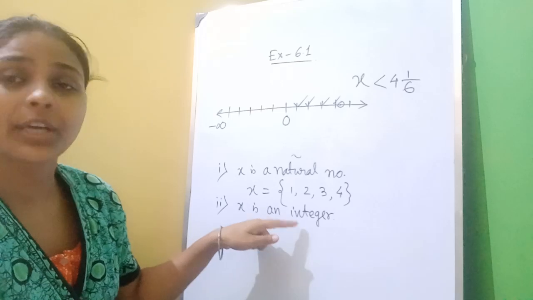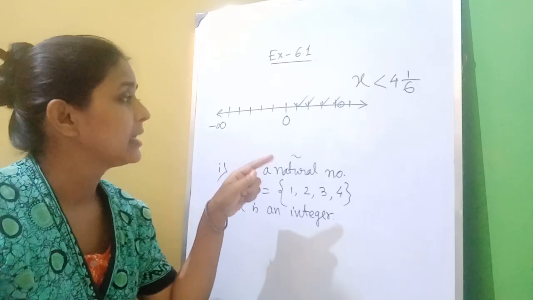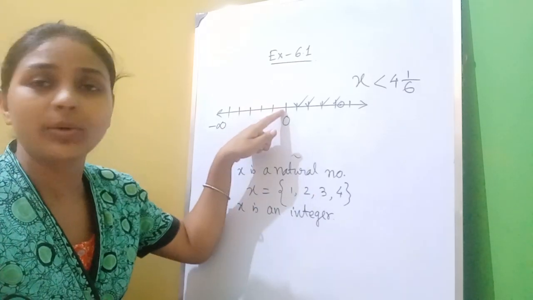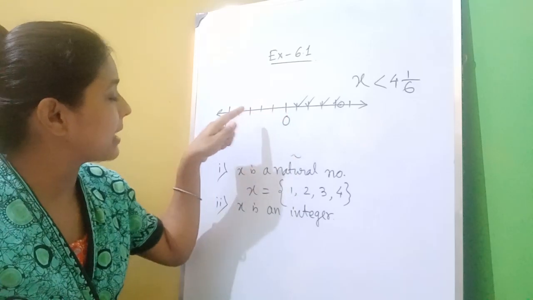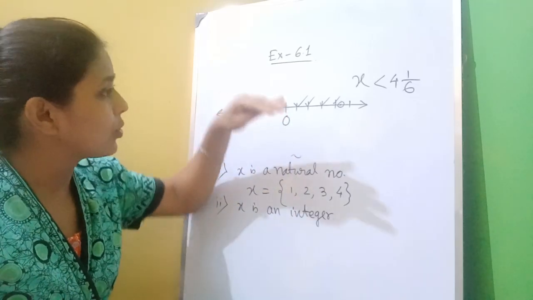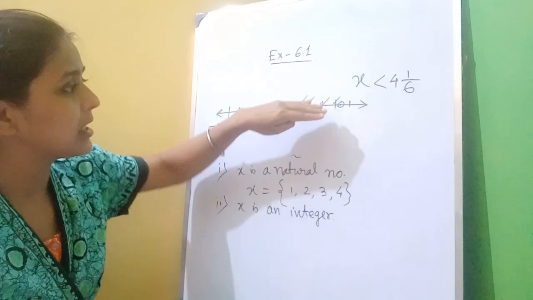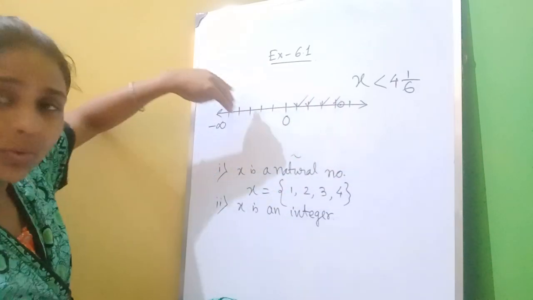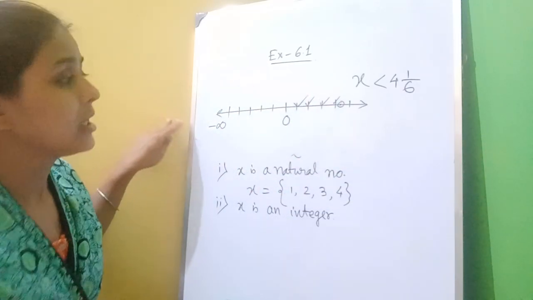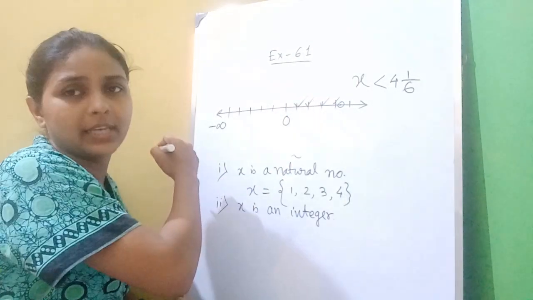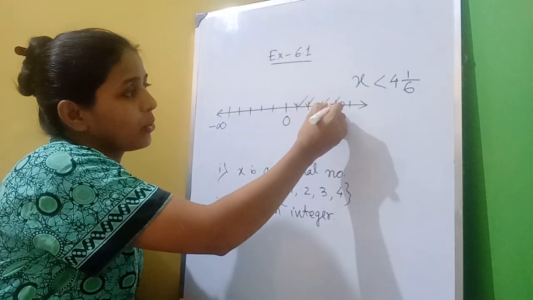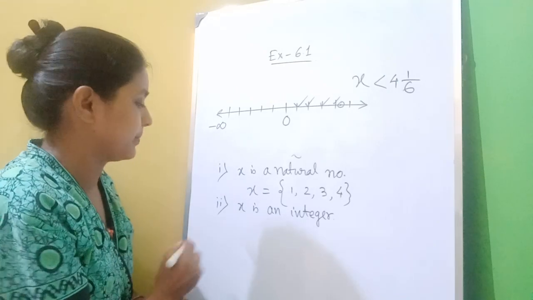When we are talking about integers, that means 0 is there, negative numbers are there. So everything we will get from this side to the left hand side, from this to the left hand side. So the closest integer is 4.